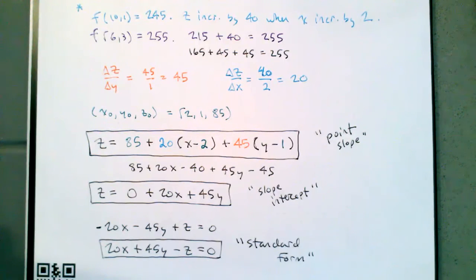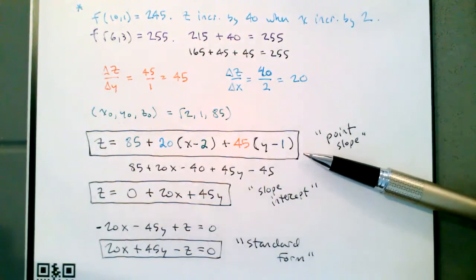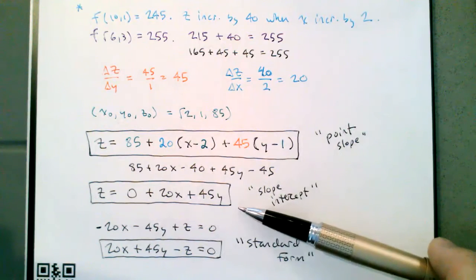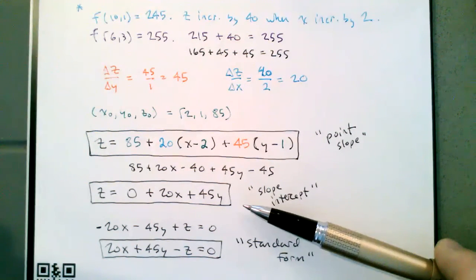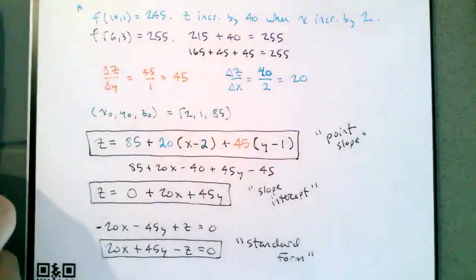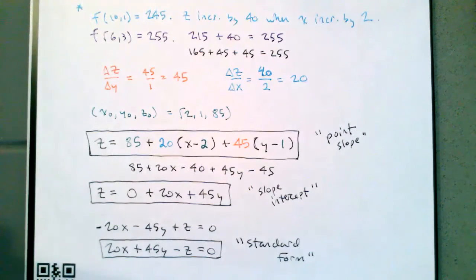If the idea is to just write down your equation, the one that has the fewest calculations is probably best. I know we've been programmed with this y equals mx plus b mentality, but it might not be useful to know what's going on at the origin, because that might not mean anything in terms of the problem that you're doing. So it all depends on what you want to do with the equation, what you're trying to express.